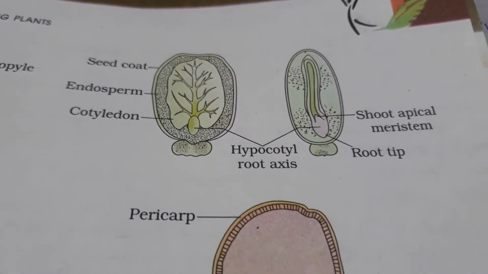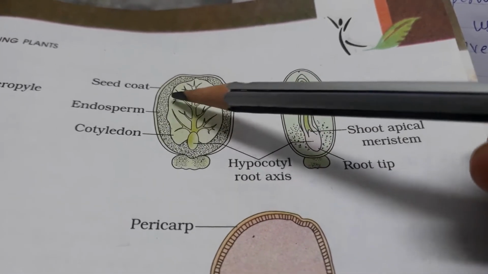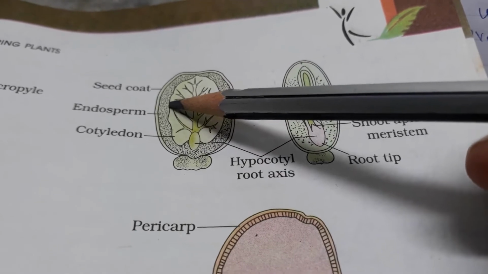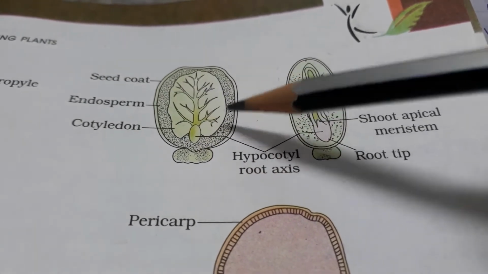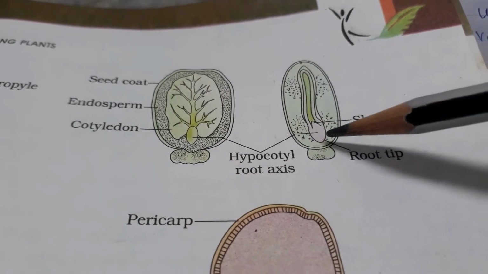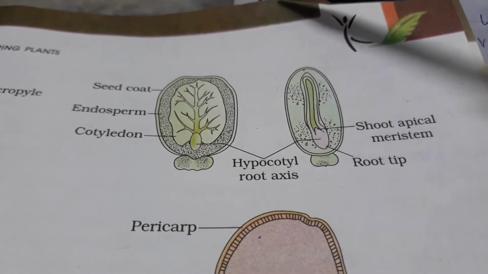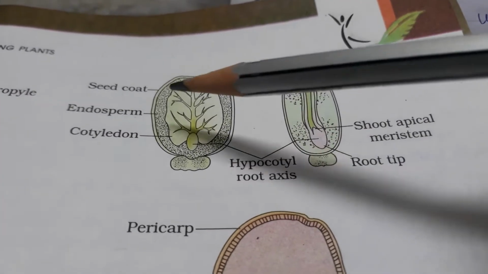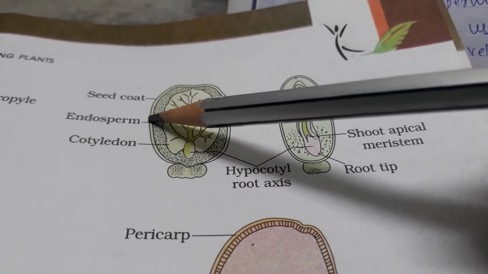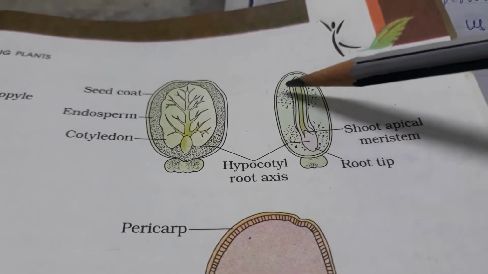Now, when this is put inside the ground, this endosperm will be used up by the baby plant for development, and then it will start sprouting and shoot system will grow, the root system will grow below. So up till then this endosperm is useful as food for the developing baby plant.